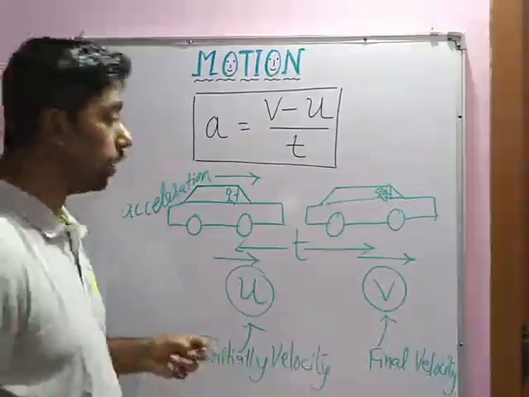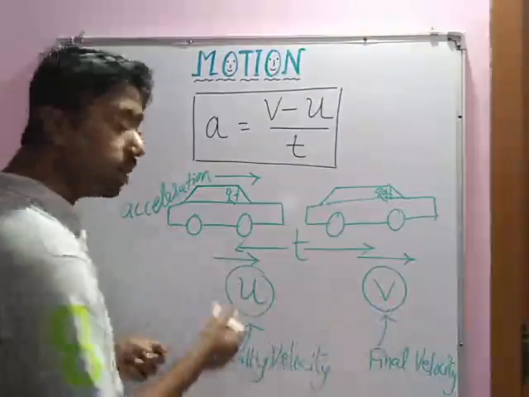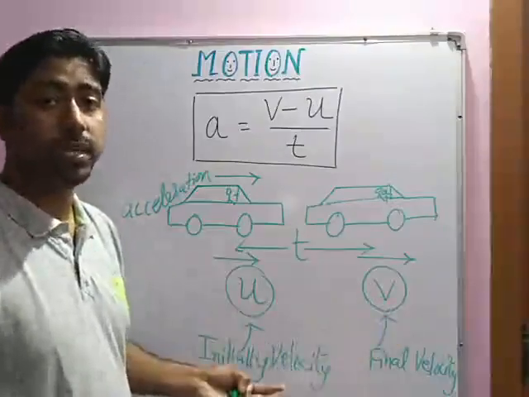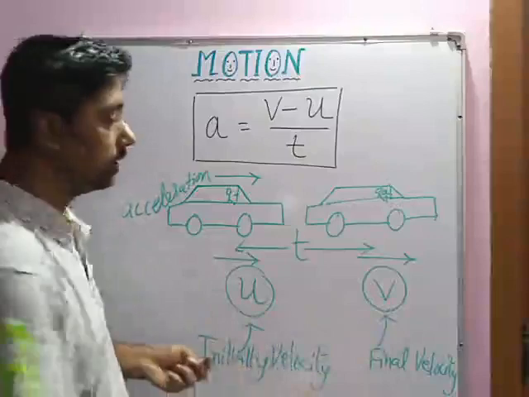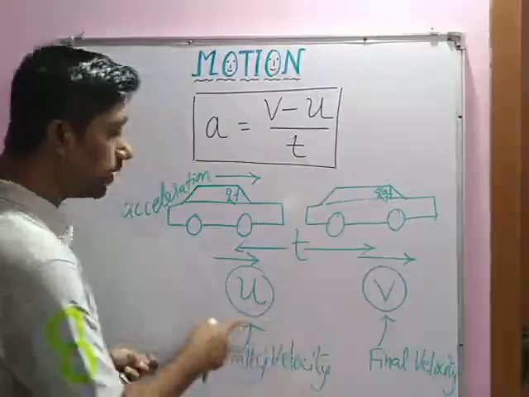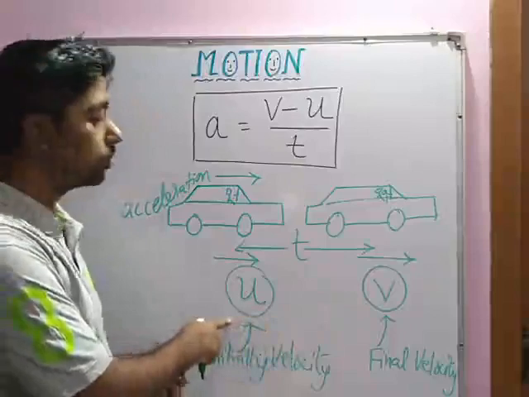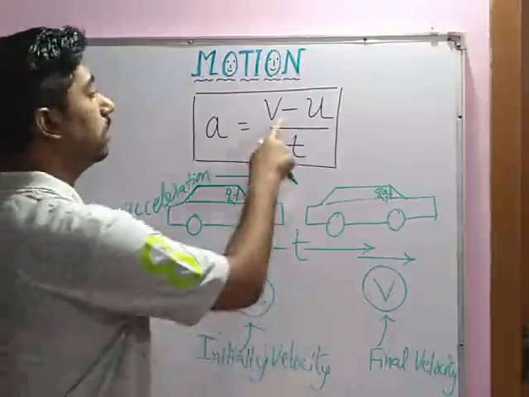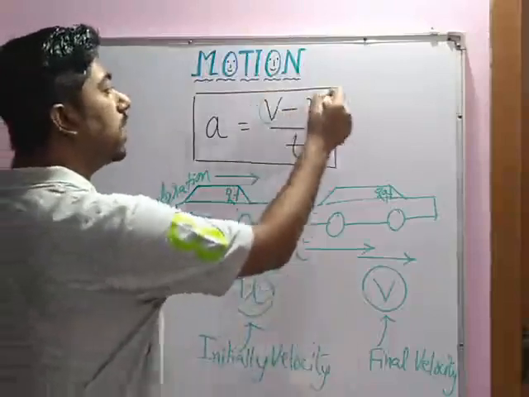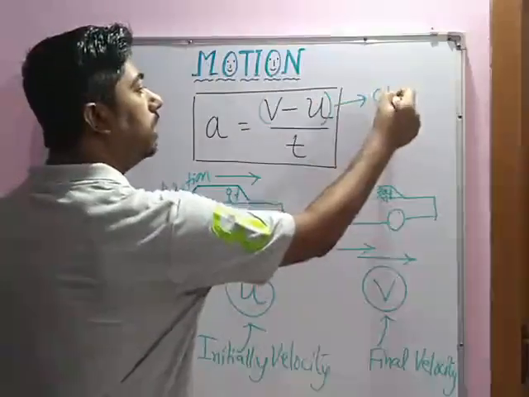Change means final minus initial. Final velocity minus initial velocity, so we get v minus u. The numerator here represents the change in velocity.